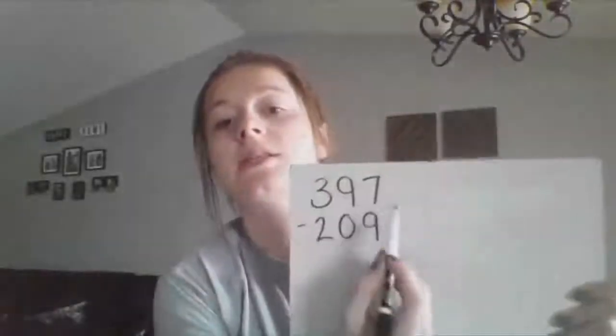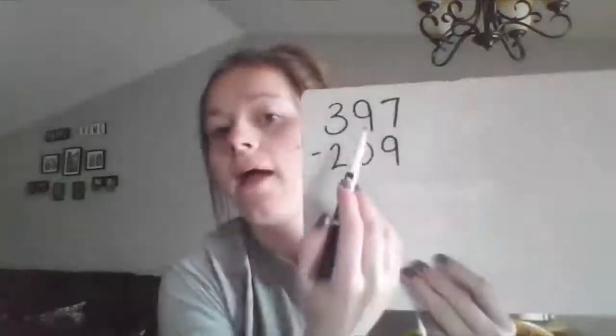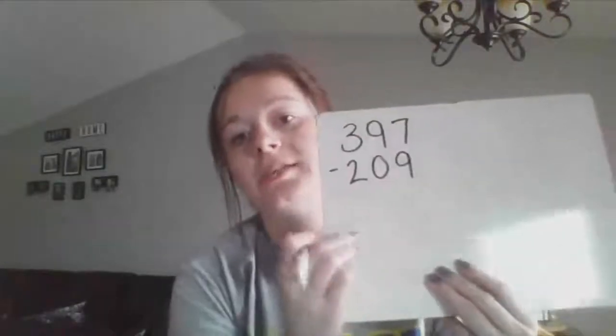Sometimes we see this equation horizontally too, but for today's demonstration, I'm going to show you when it's vertical, so we can see all the numbers in each place value that we need. So instead of looking at it this way, I'm going to write it with all of the places, because we know in expanded form, this number is actually 300 plus 90 plus 7.